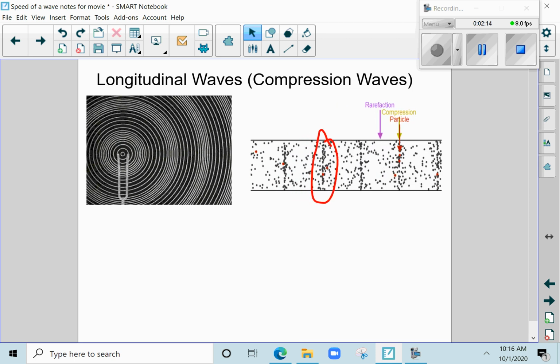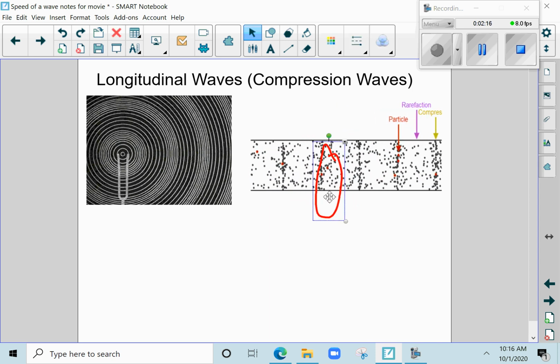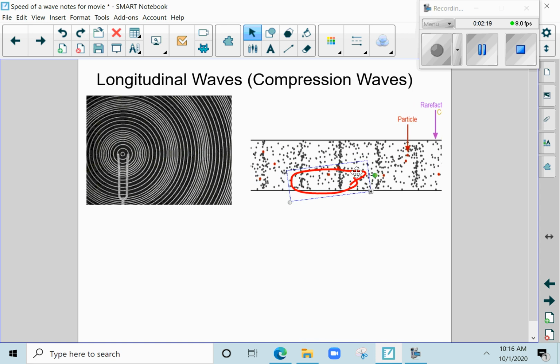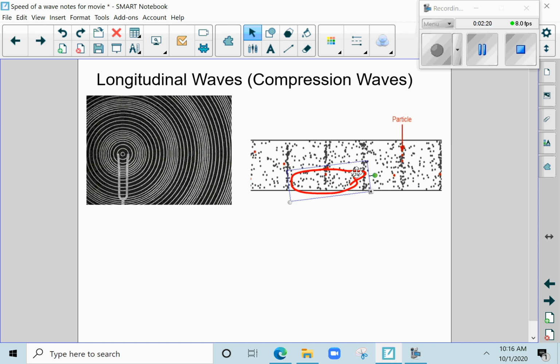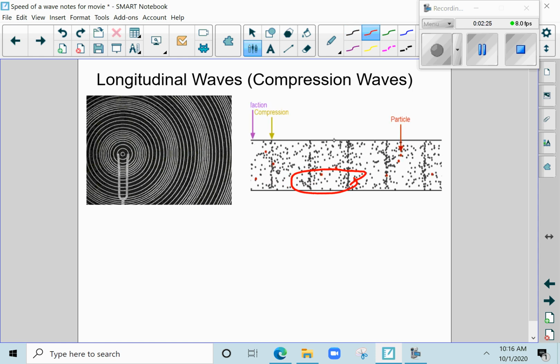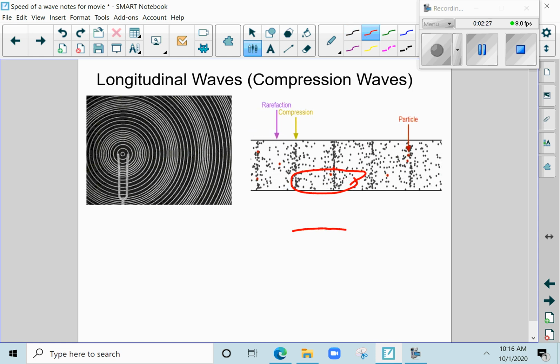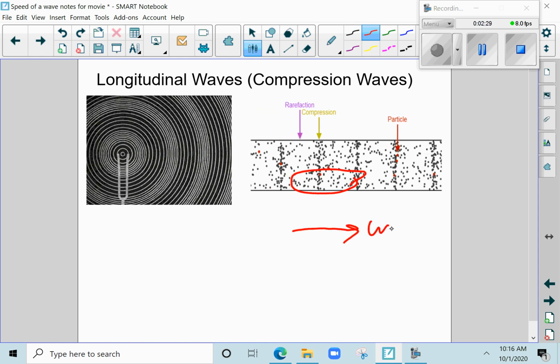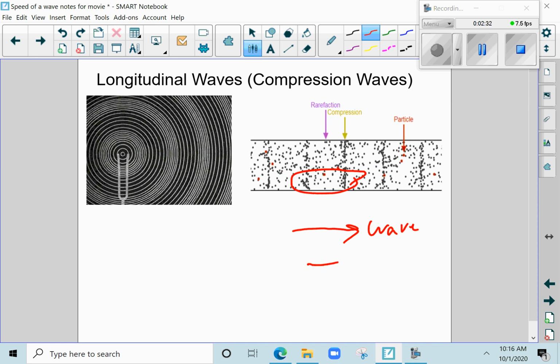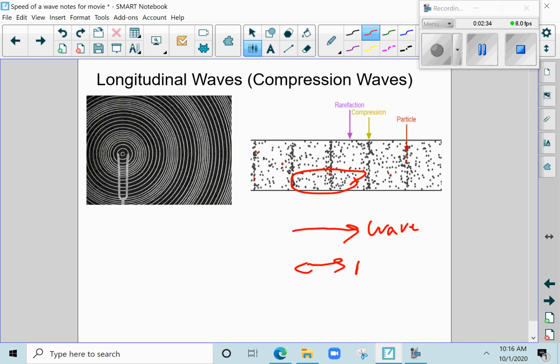And if we watch the individual particles, we can see how they are actually just moving forward and backward. So again, just like we talked about in the past, if my particles move in the same and opposite direction as the wave, we have a compression wave.